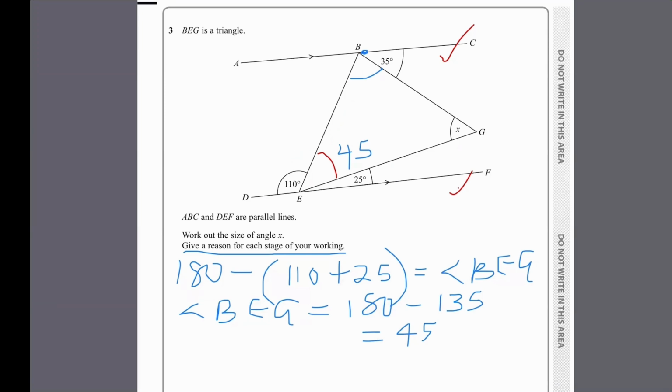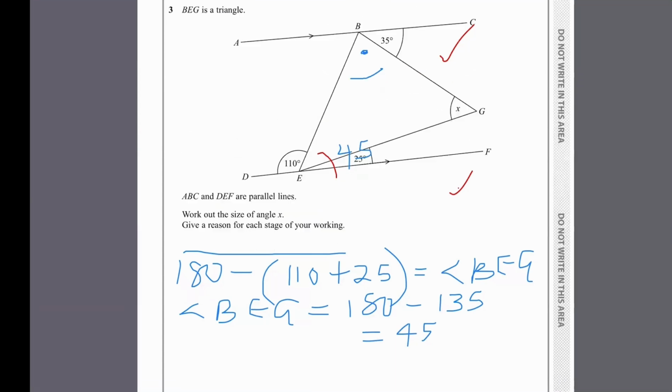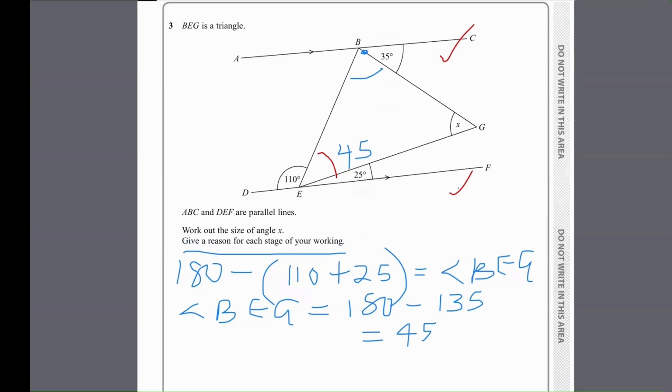We can just come straight to what we know about alternate angles, and I'm going to use a purple tick on that. We can say the angle here, right, which is angle ABE, is alternate to the angle here, also with a purple tick.